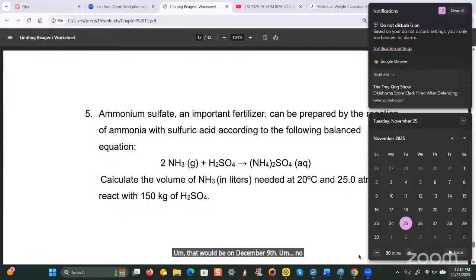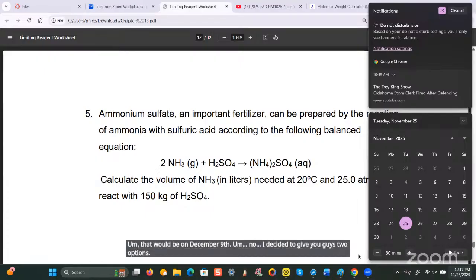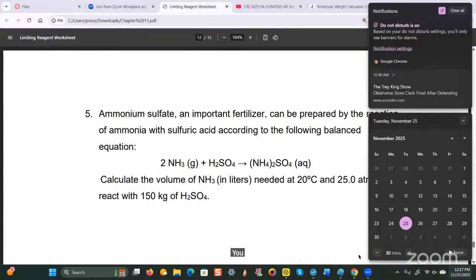Now, I've decided to give you guys two options, and I'm going to put all of this in the announcement. You can come here and do the test on that day, or because I'm going to send the test to the testing center anyway, I'll set the dates for doing that test from December 8th to December 11th, right?